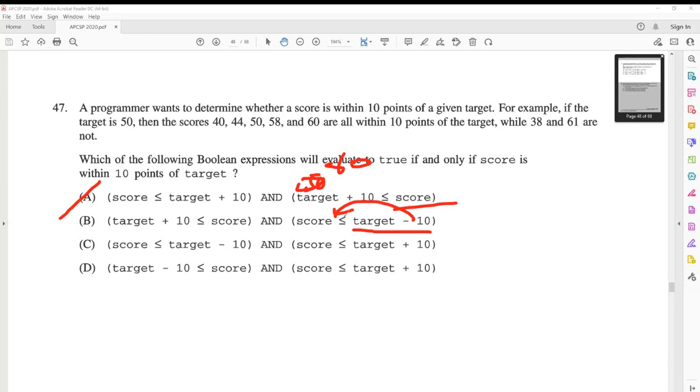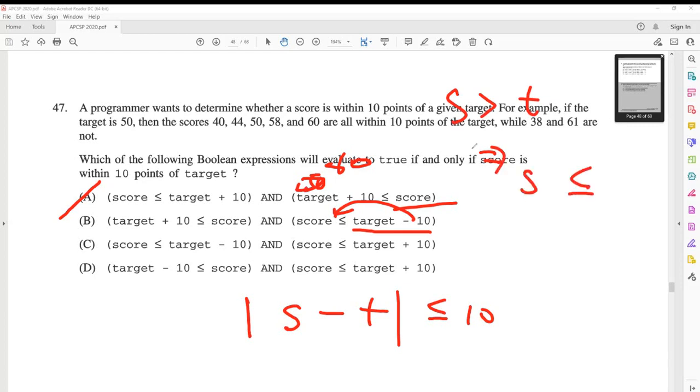Your score plus 10, your target is 50. So what you want is score minus target less than or equal to 10. If score is greater than target, it should be S less than or equal to target plus 10.